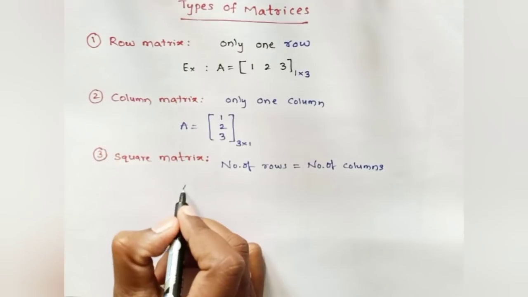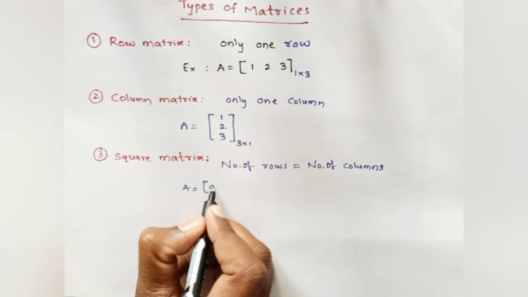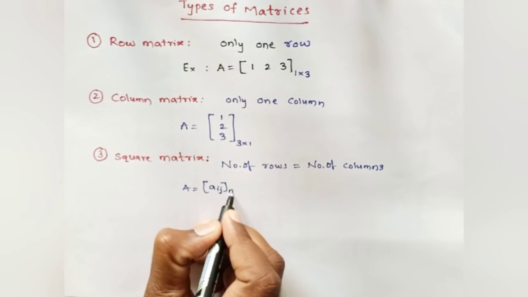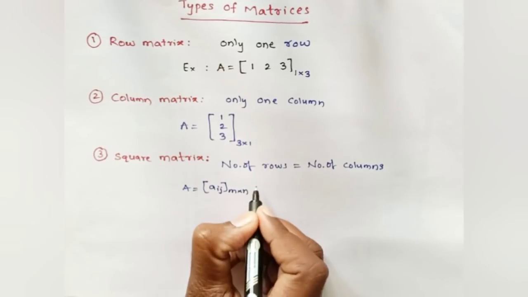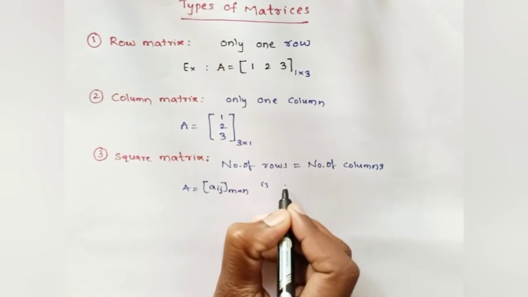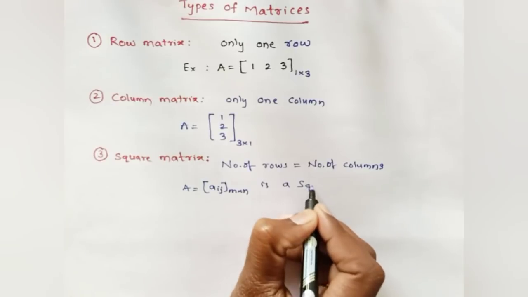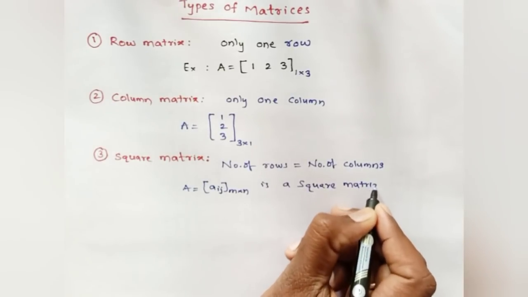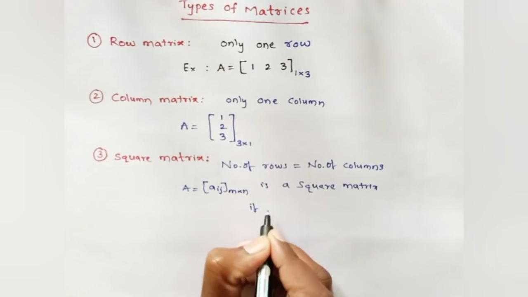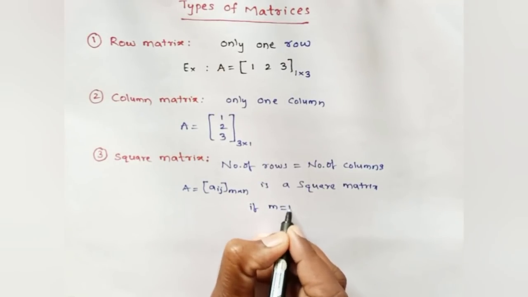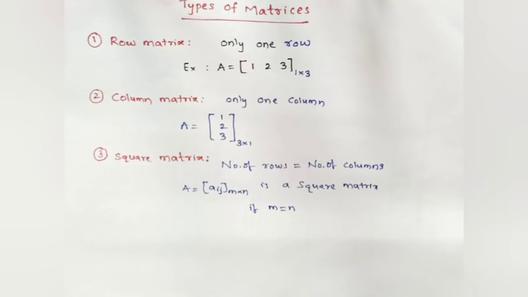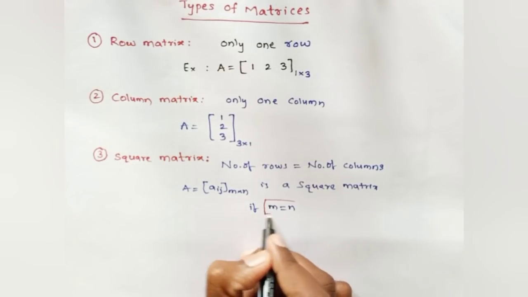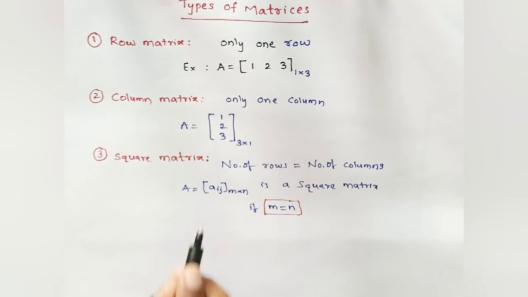That is, A equals a_ij of order m by n is a square matrix if m is equal to n, obviously. If m is equal to n, then we say the given matrix is a square matrix.